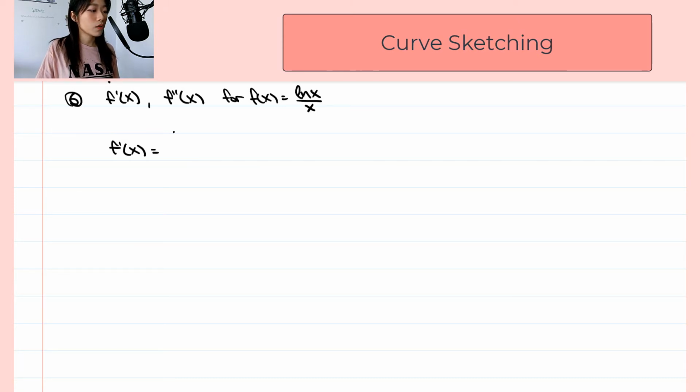So this equals the derivative of the numerator times the denominator minus the numerator ln of x times the derivative of the denominator, which is 1, over the denominator squared, so x squared, which equals 1 minus ln of x over x squared.